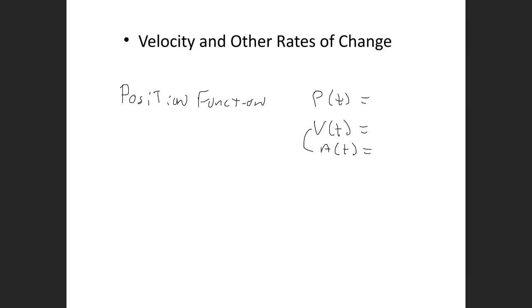When you understand this, the derivative of position is velocity, the derivative of velocity is acceleration, you got it made. Now, the absolute value of velocity is called speed. The speed has to be positive. And you probably learned that in physics or something like that.